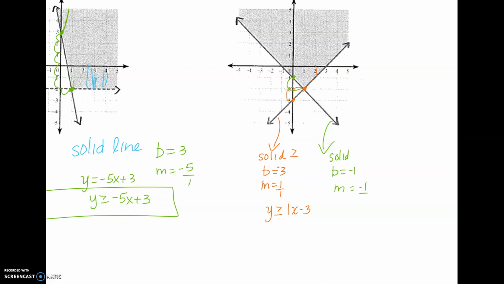So the slope is -1/1. Are these values getting bigger or smaller as we go? Where it's shaded, the values are larger. These are smaller. So it's greater than or equal to. So this is y is greater than or equal to -1x minus 1.